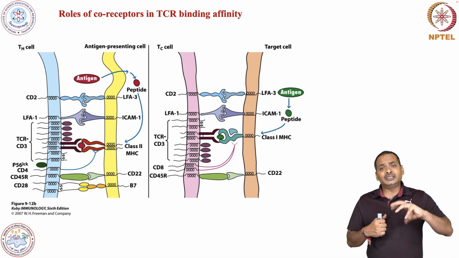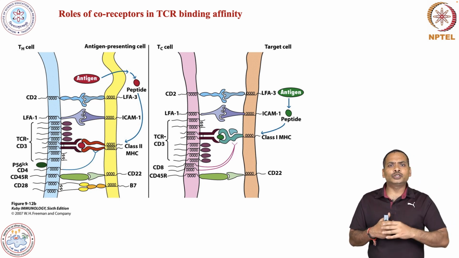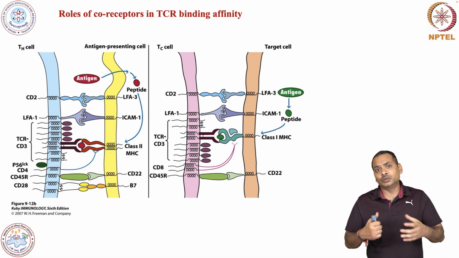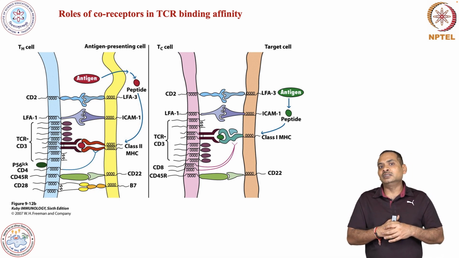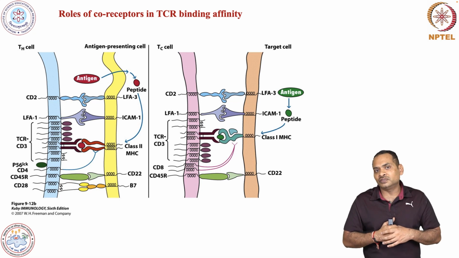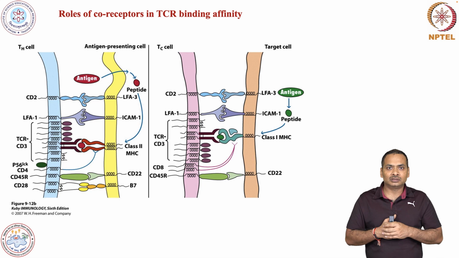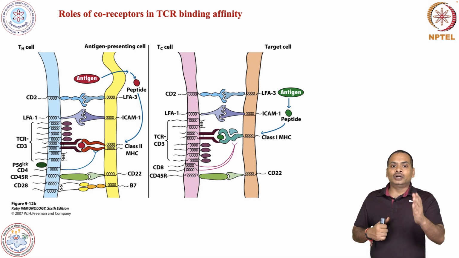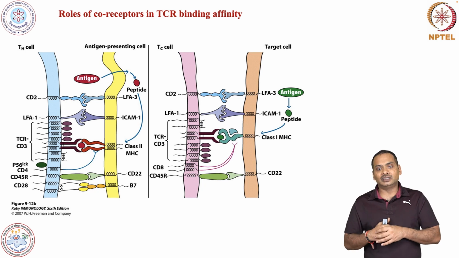Other than TCR, CD3 and CD4, the rest of the molecules we call accessory or co-stimulatory molecules, and this interaction is needed. If you block these interactions, in very simple terms, the T cell will not proliferate or induce the effector response.